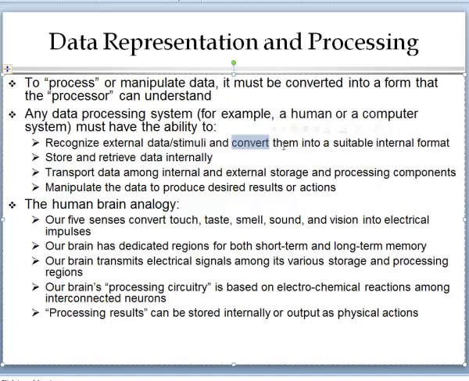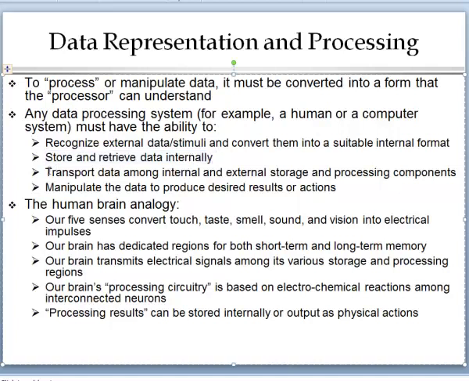We, of course, may also need to store and retrieve data from various storage locations, things like registers inside the CPU, things like primary and secondary storage devices, things like the short or long-term portions of your brain.